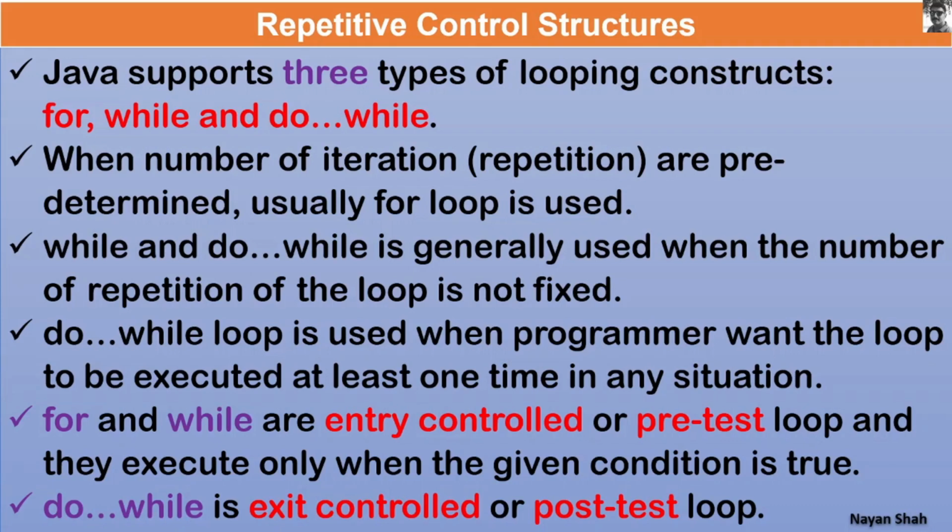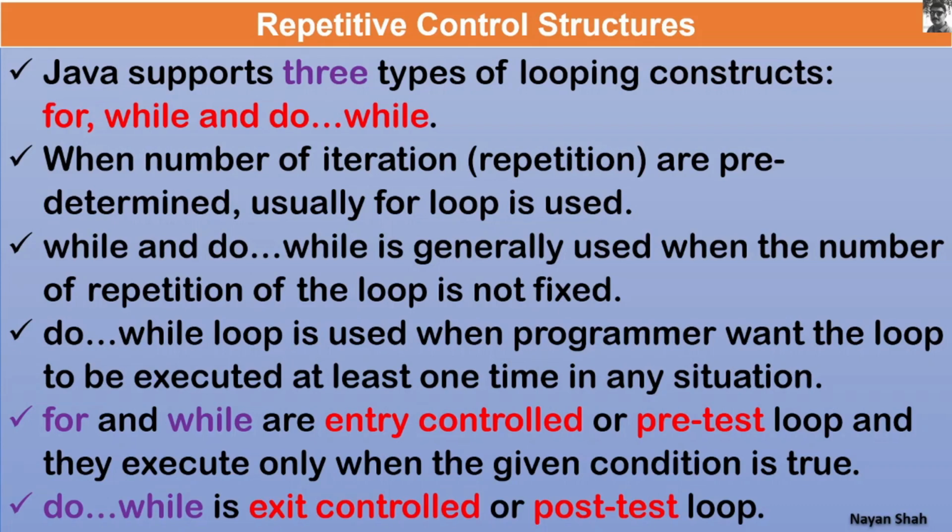Now the difference between while and do while. The do while loop is used when the programmer wants the loop to be executed at least one time in any situation. So when the programmer wants that, for any condition in your program, the loop should get executed at least one time, then we use the do while loop.